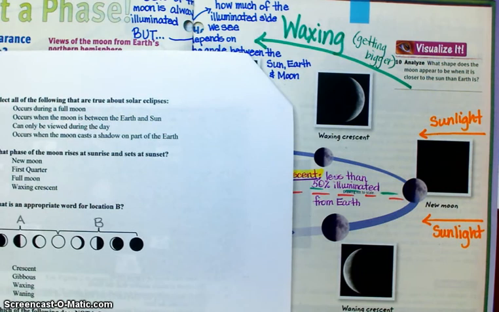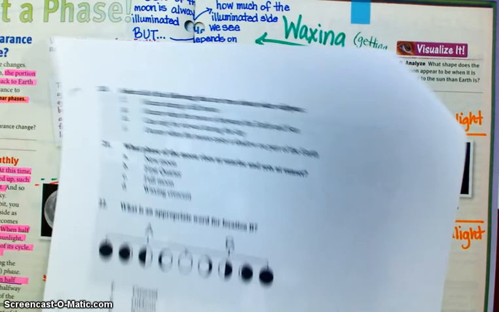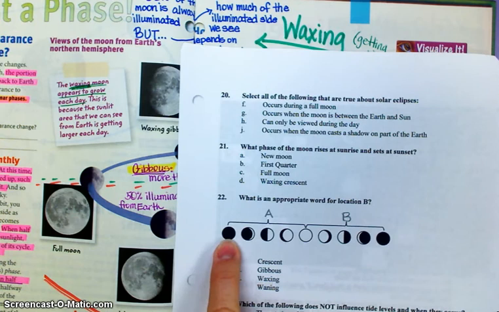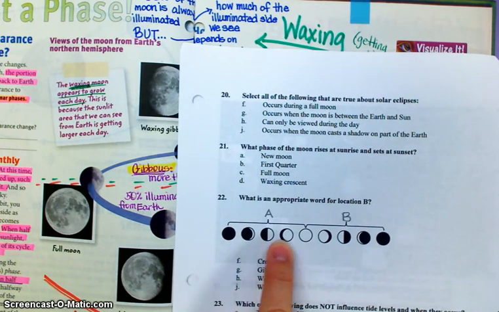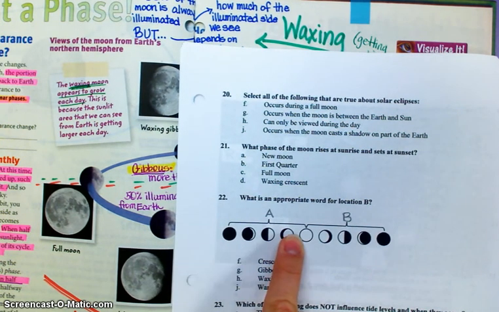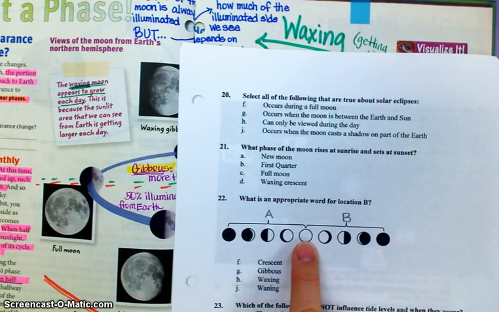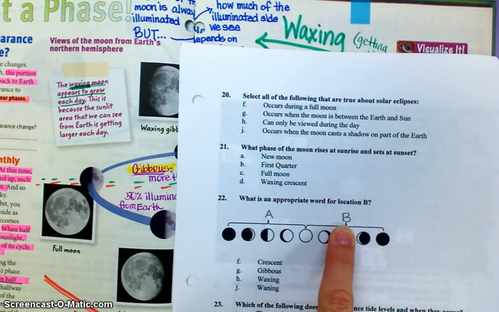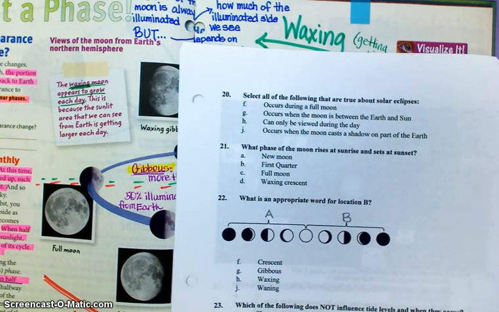What is an appropriate word for location B? Well, let's look. A goes from new moon, waxing crescent, first quarter, waxing gibbous to full. So this A would be waxing, and this is full. This is waning gibbous, last quarter, waning crescent, back to new. So B is your waning phase. That's going to be answer J.